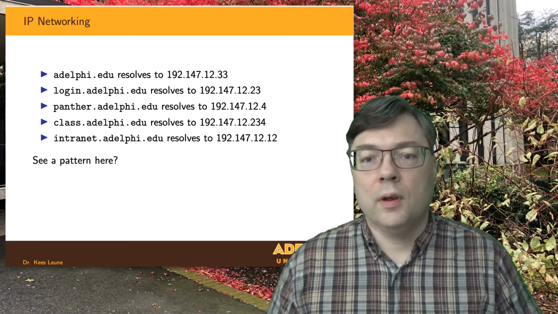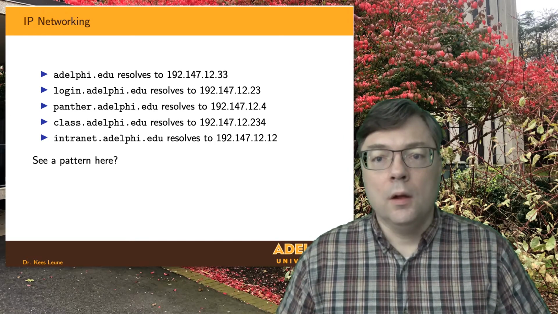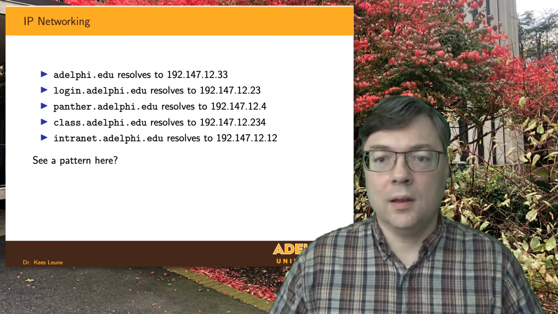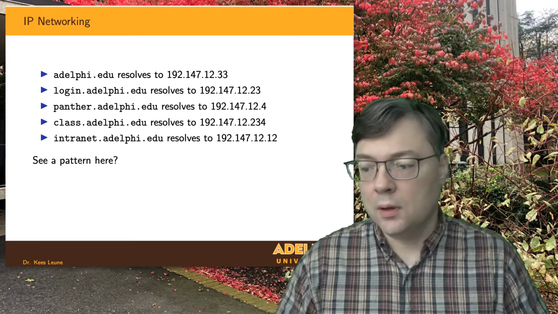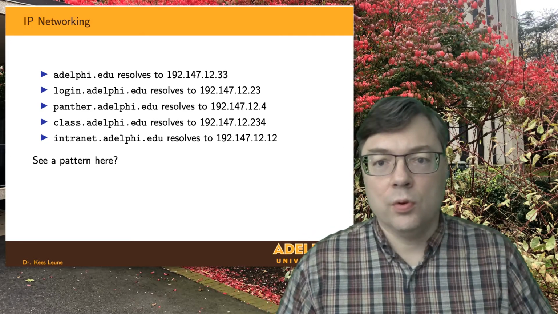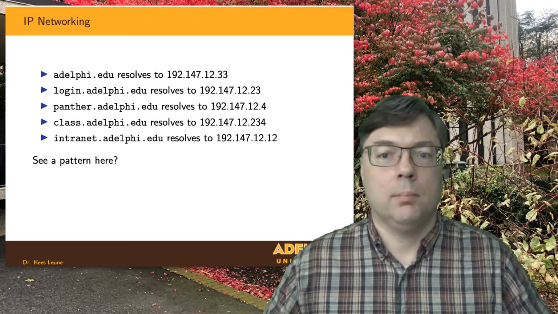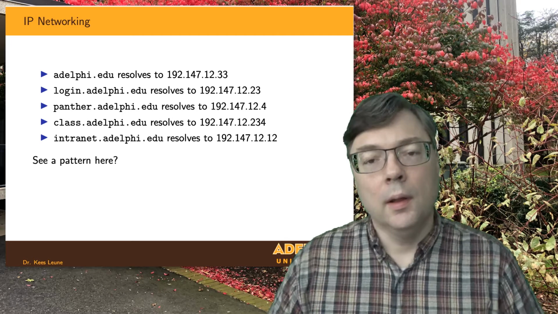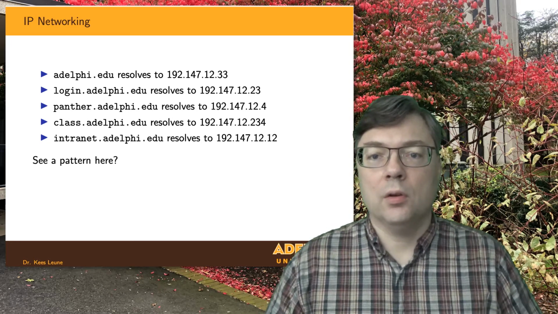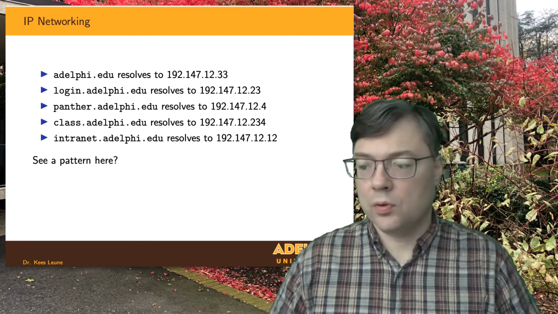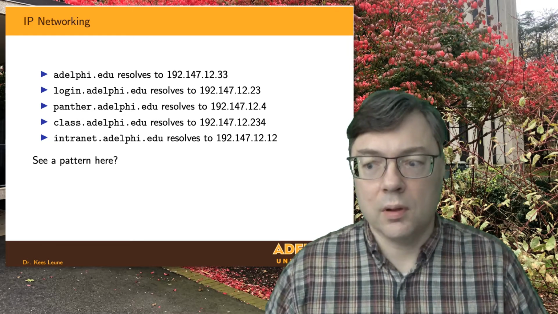Let's try resolving a few host names. Turns out, if I resolve the host name adelphi.edu to its IP address, I end up with 192.147.12.33. If I resolve login.adelphi.edu, I get the number 192.147.12.23.